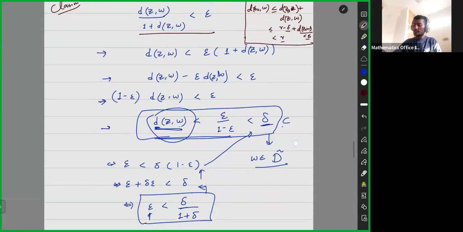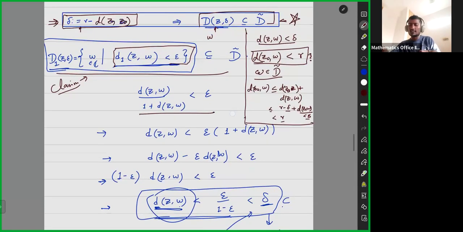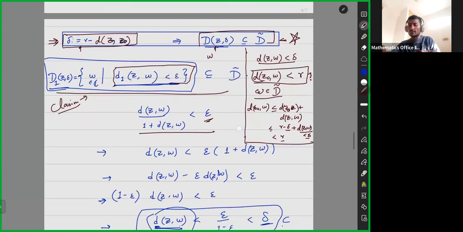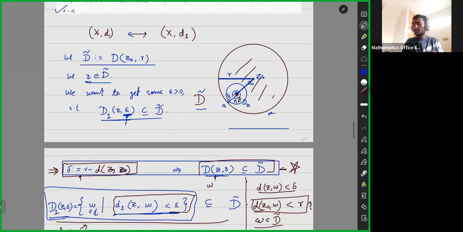We have calculated it this way, and finally we see that this is a positive number, and the condition is that epsilon is less than this number. Of course it exists, because between 0 and this number there are uncountably many real numbers, so we can choose some epsilon. This kind of epsilon exists, and all the conditions work. So the d1 ball around z has been contained inside this bigger ball.